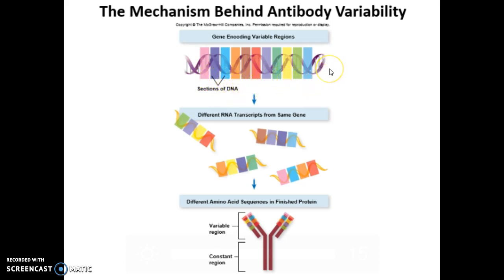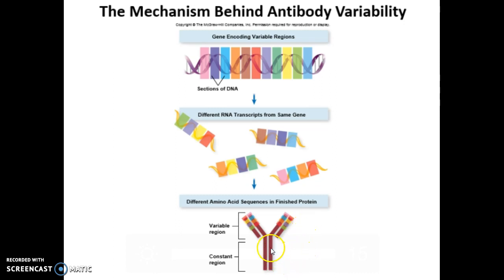When the DNA goes through transcription, moving to the mRNA component, different sections of the DNA come together to create different color arrangements. The different color arrangements indicate different components of this variable region. It's the variable region where the antigen is going to attach, or where the antibody is going to attach to the antigen.